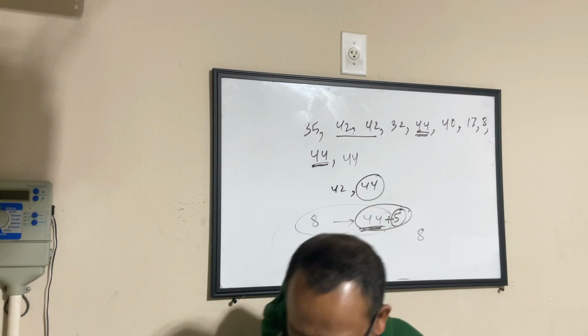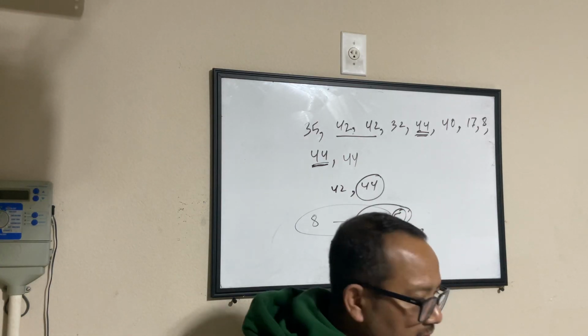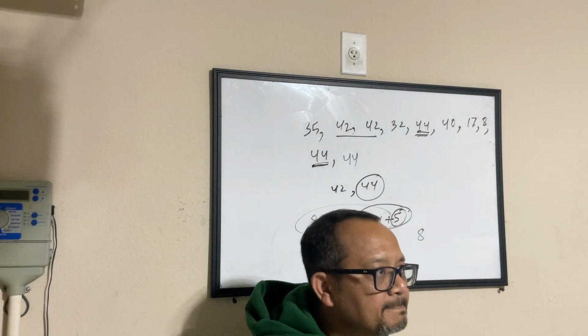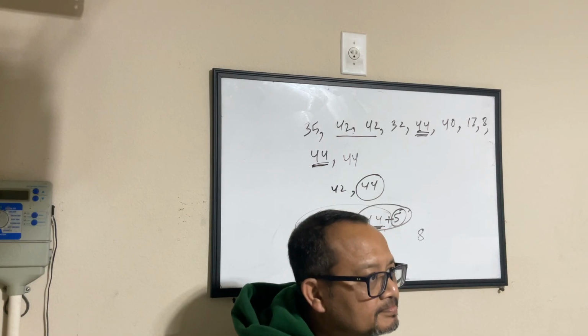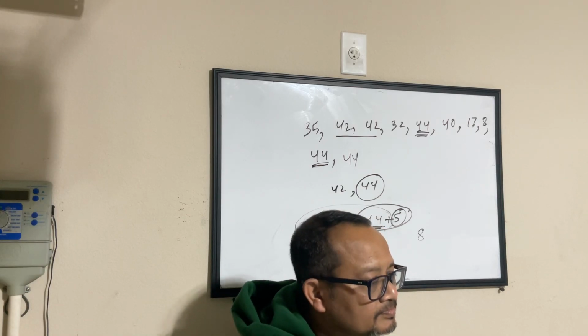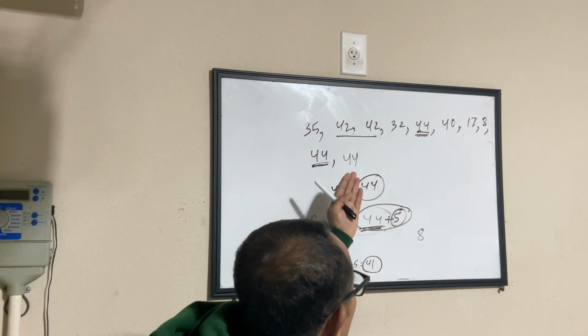Yes, Chris. I just had a question. If you're asked to find the mode of a set, and in this question we saw 42 and 44, then what would the mode be considered in that situation?